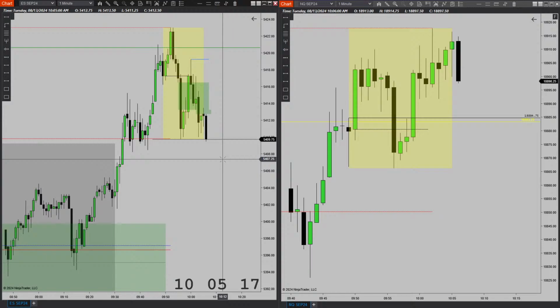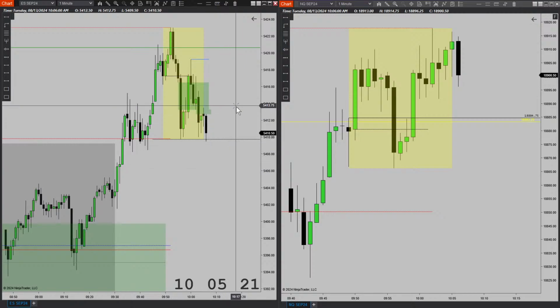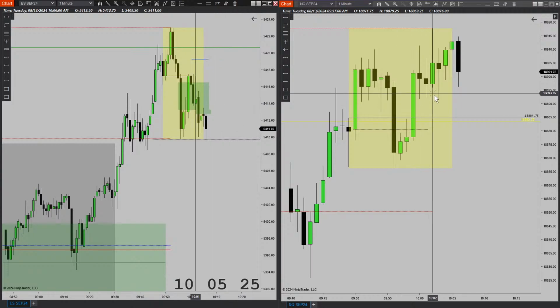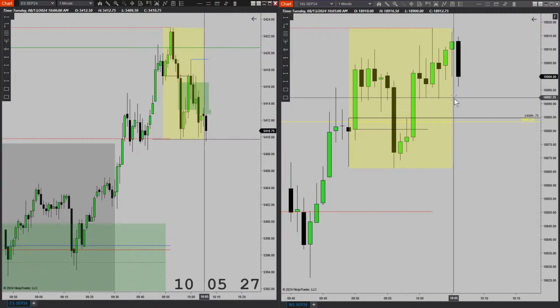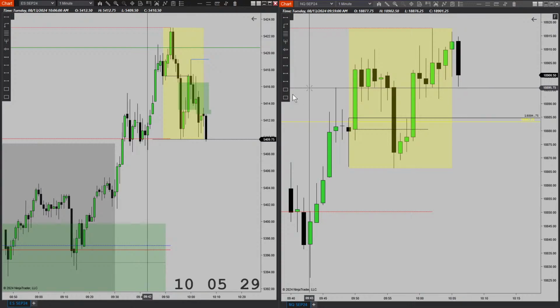Okay, so we are drawing lower. No, we just swept this low here, and Q has not yet.